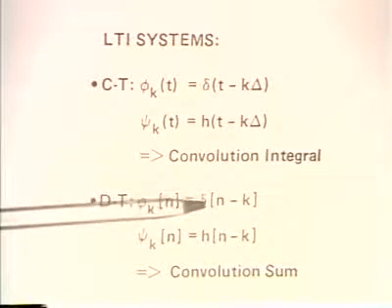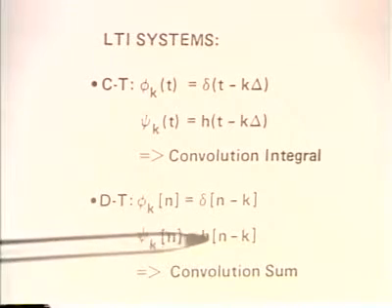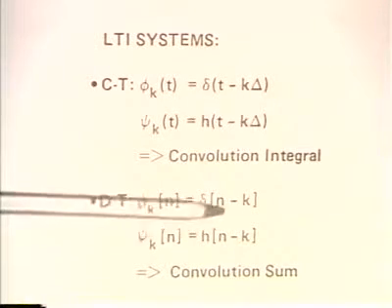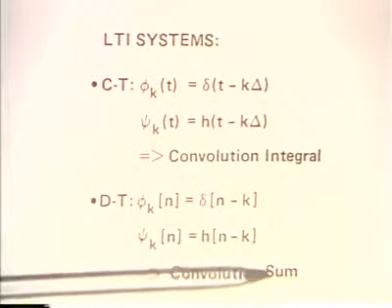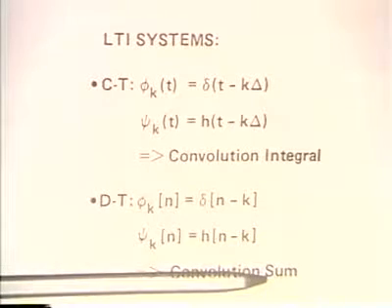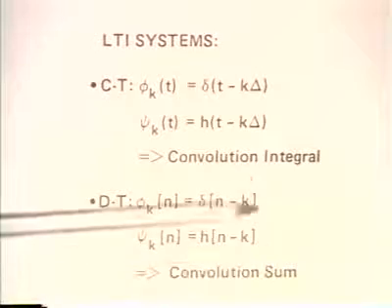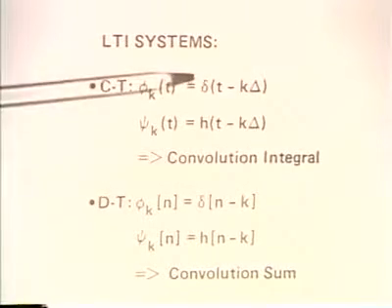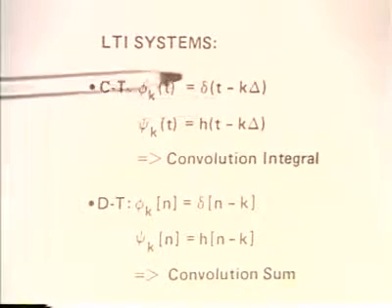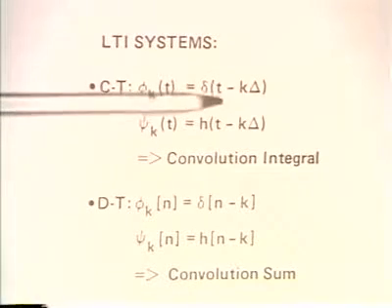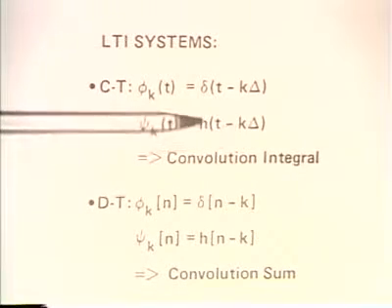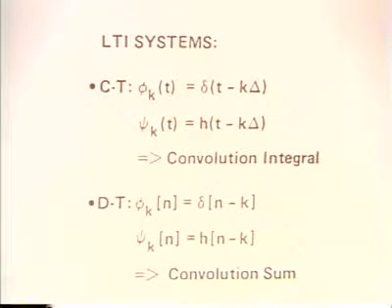Decomposing the input into a linear combination of these, the output into the corresponding linear combination of these, then led to the convolution sum in the discrete time case. And in the continuous time case, a similar kind of decomposition in terms of impulses and associated representation of the output in terms of the impulse response led to the convolution integral.